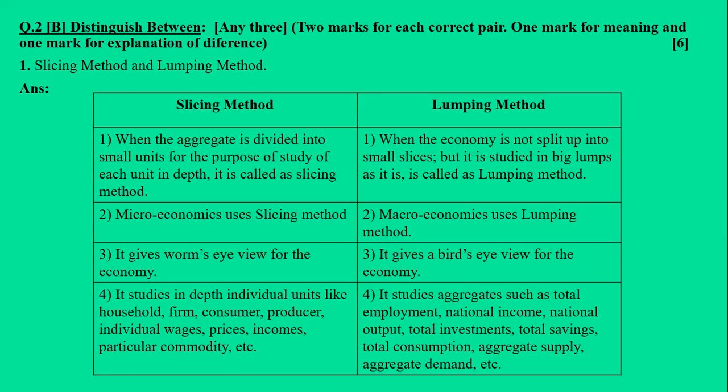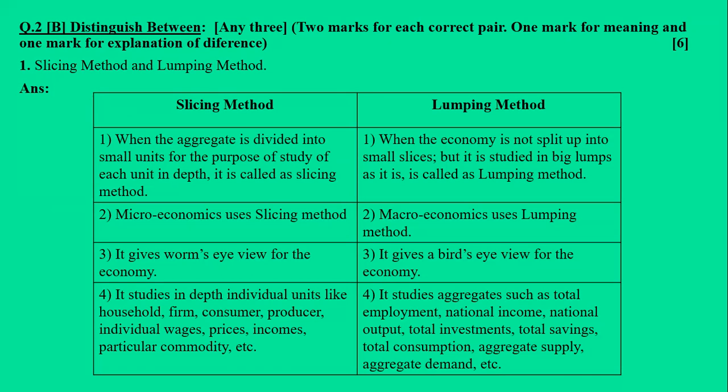Lumping method: when the economy is not split up into small slices, but is studied in big lumps, it is called lumping method. Now second, another important point: microeconomics uses slicing method and macroeconomics uses lumping method. Third point: slicing method gives a worm's eye view of the economy, and lumping method gives a bird's eye view of the economy.